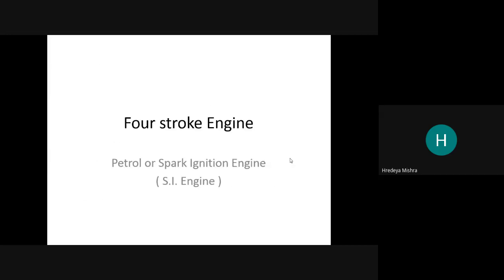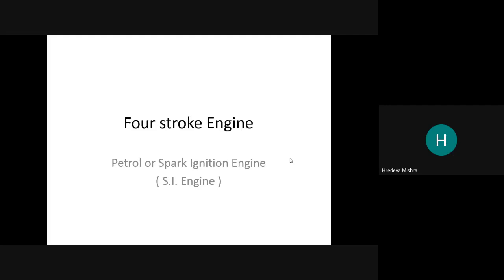So now we come to the four stroke engine. The four stroke engine is the petrol or spark ignition engine, because in the diesel engine there is no spark, there is a nozzle. It is also called the SI engine, spark engine.